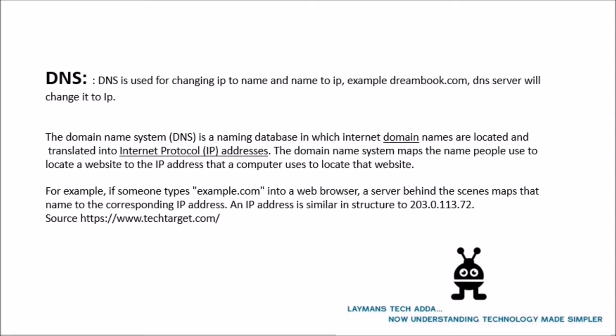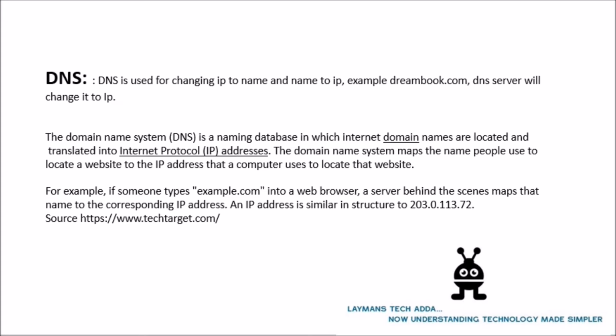The domain name system is a naming database in which internet domain names are located and translated into Internet Protocol IP addresses. The domain name system maps the name people use to locate a website to the IP address that a computer uses to locate that website.